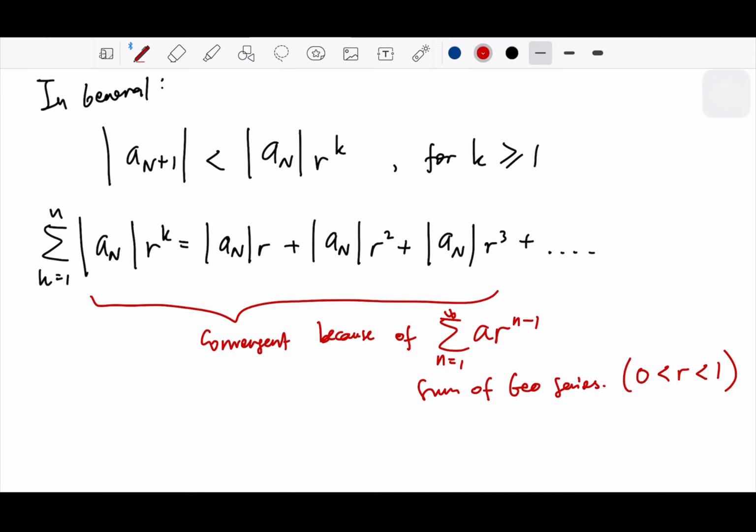Okay. And similarly, if you have the ratio greater than 1, the limit is not equal to 0. And therefore, it diverges.